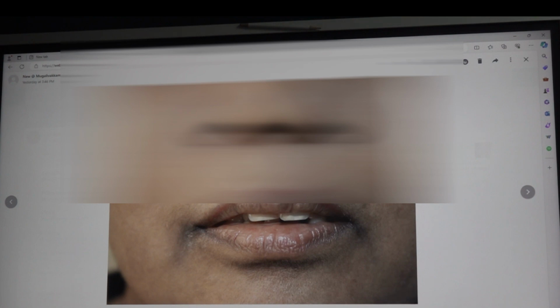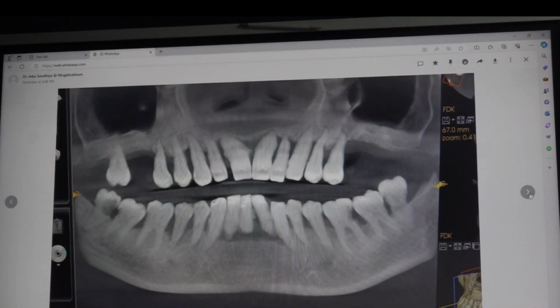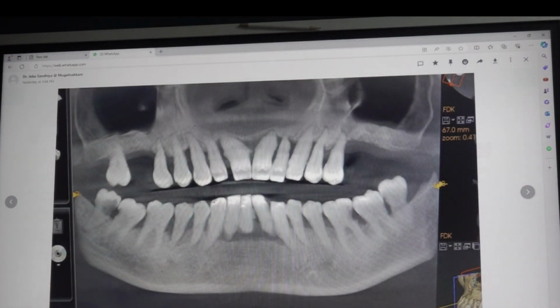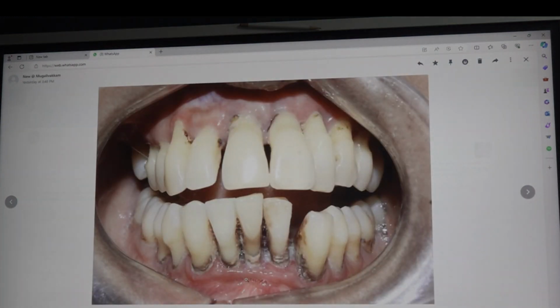Shall I ask the patient before? Yes, yes. You can tell there is a small proclination there, we will correct it. Okay. So that is important. So all gone.